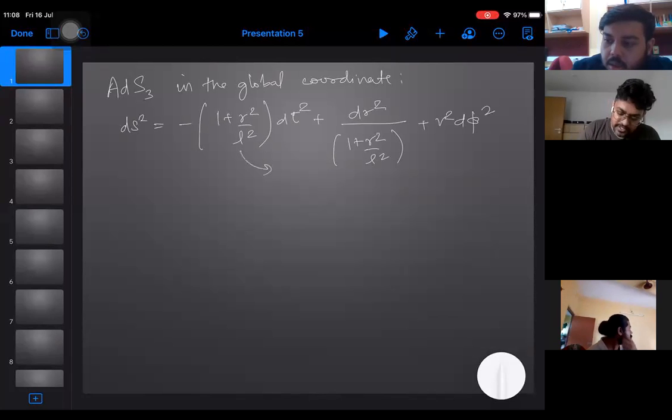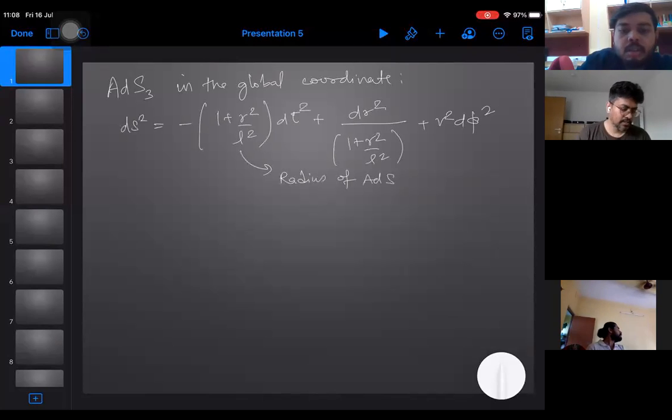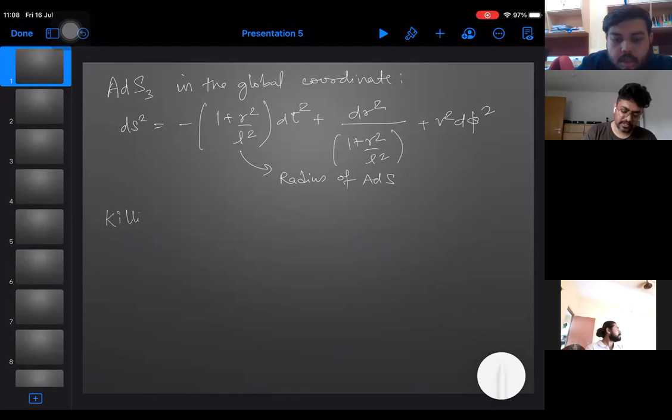Here your L is the radius of AdS. So you have the metric, and the next step will be to find the Killing vectors of this metric, which are basically given by this.